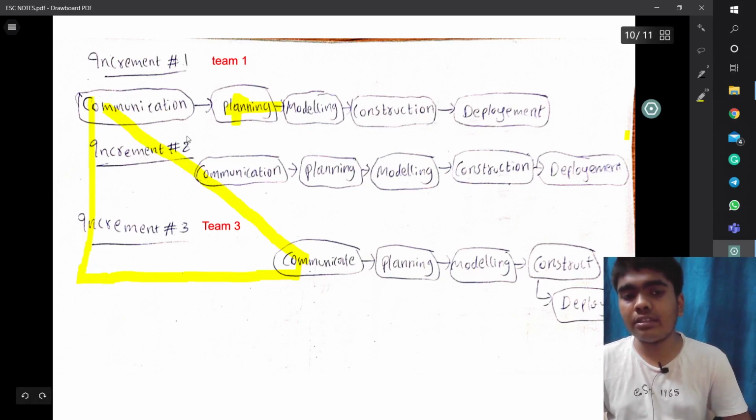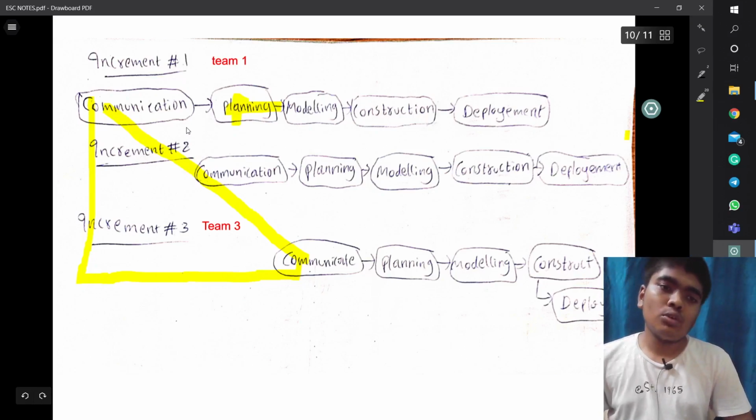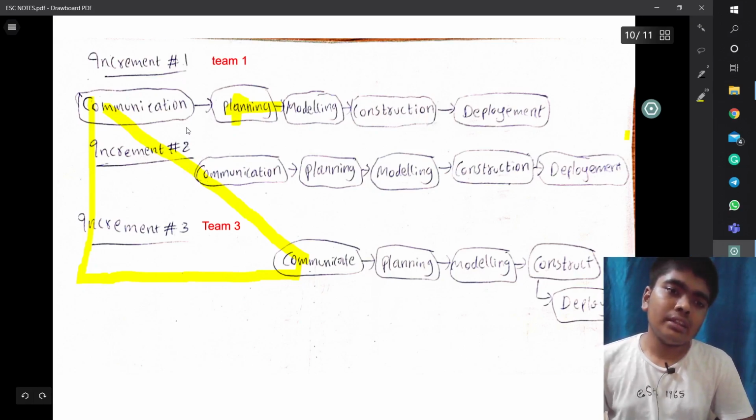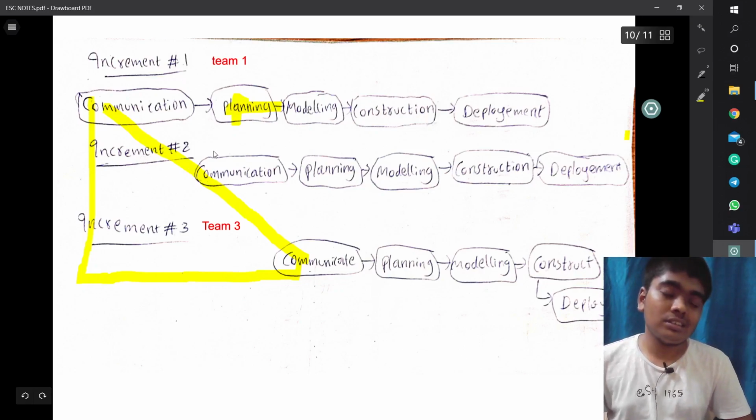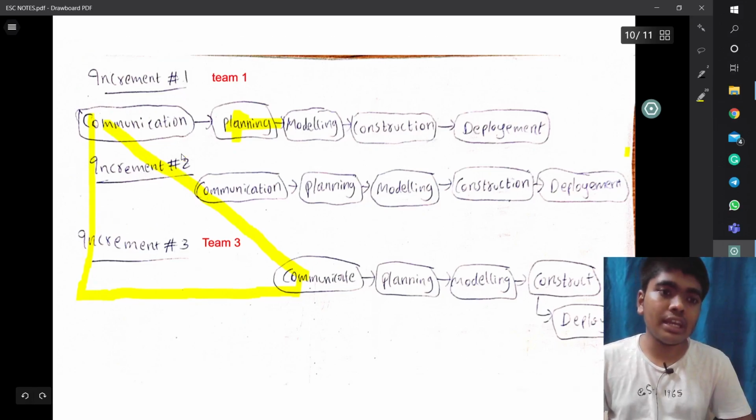The stage of each team can't be considered like that. The increment will be done, and at the time of planning of team 1, team 2 may be communicating, and at the time of planning of team 2, team 3 will be communicating. A particular time or position can't be considered at any instance. So this is about the increment planning.